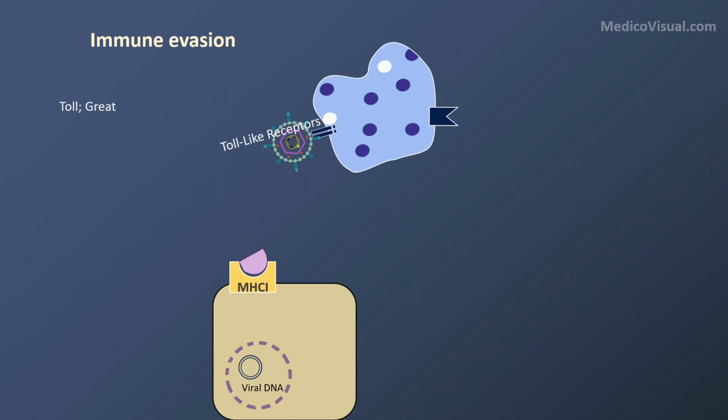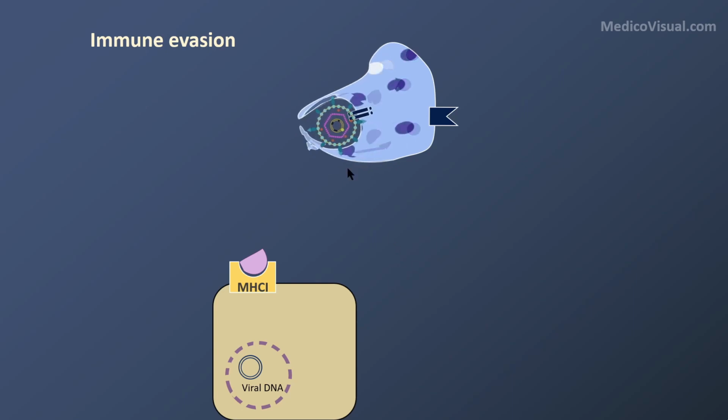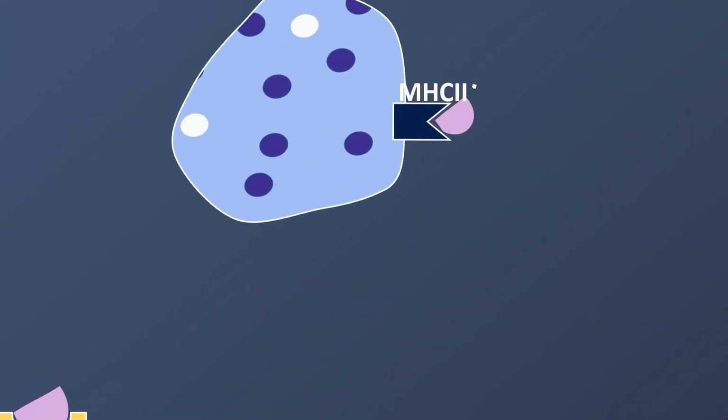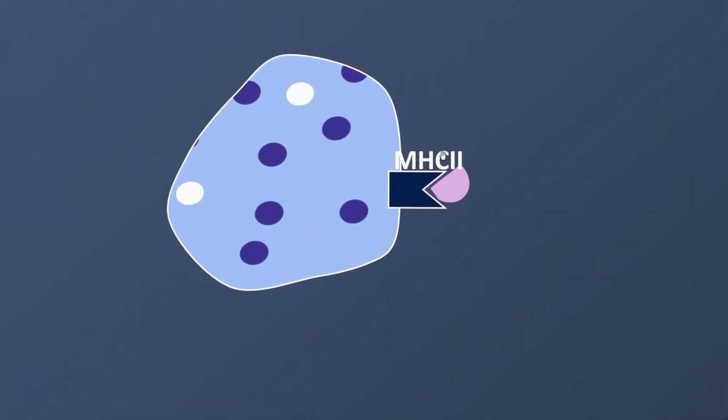So with these Toll-like receptors, these macrophages bind with these virus particles and engulf them. They will process their protein fragments and present them on MHC type 2 receptor, not type 1.